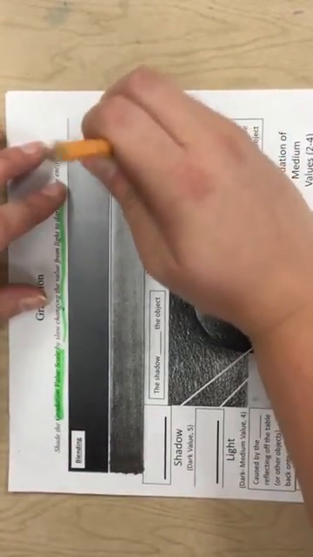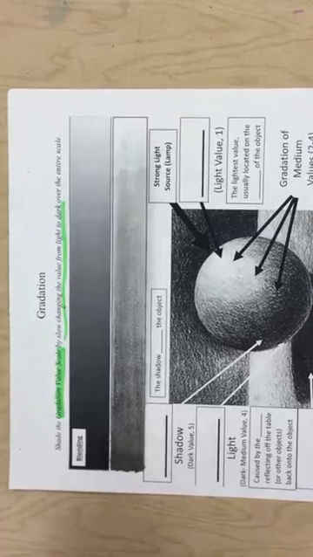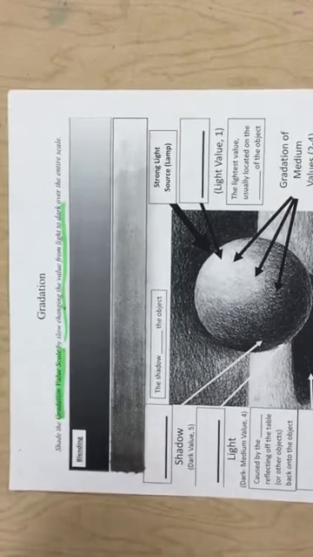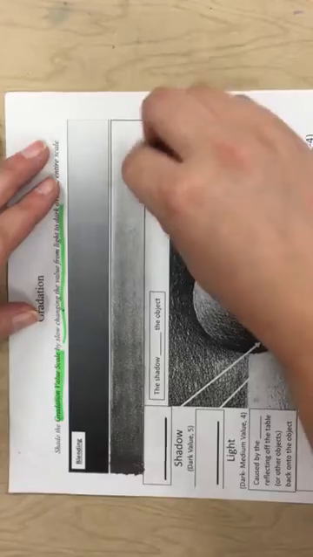And like I mentioned last time, you can use your eraser. You can always erase out the value. You do not want to use your finger. Your finger has oils in it. That oil prevents the graphite from smoothing out. Now it'll smudge it, but it won't be a nice smooth value change. It'll be too much.